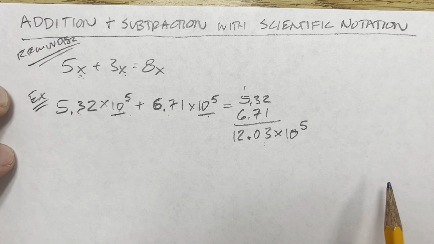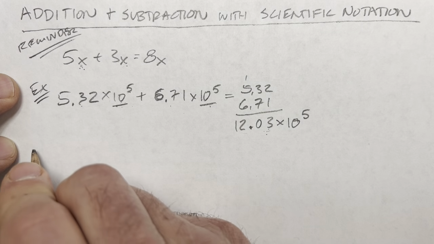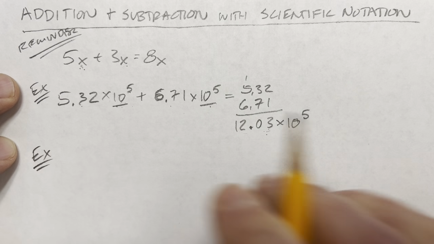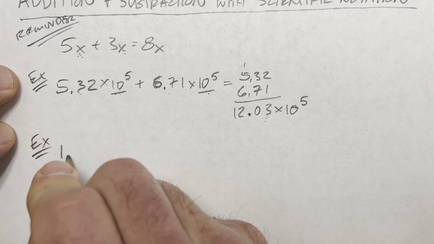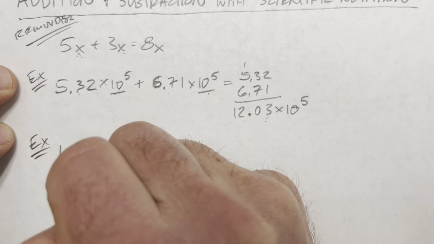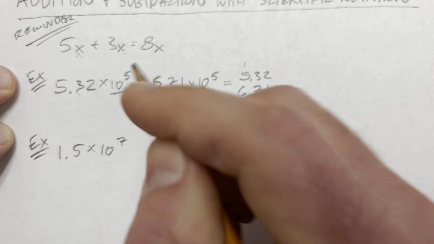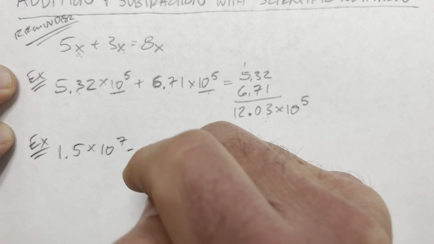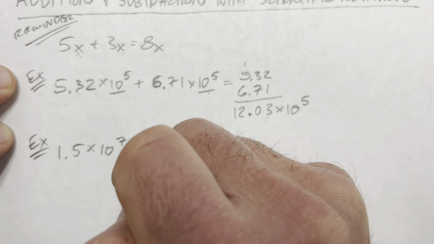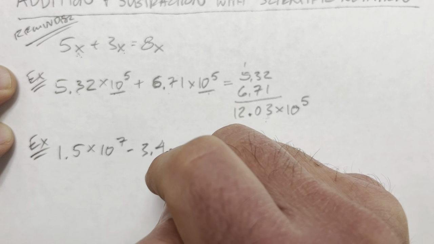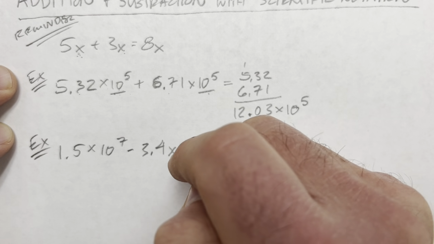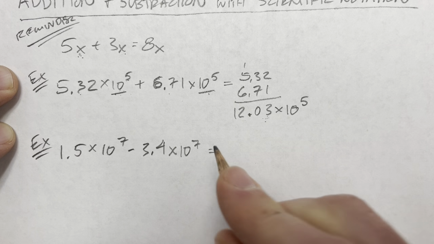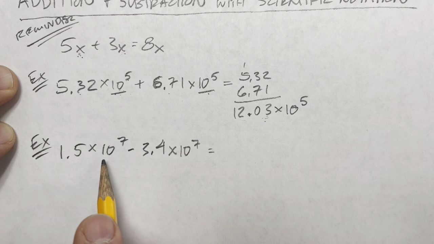Let's do another example. 1.5 times 10 to the 7th minus 3.4 times 10 to the 7th power. Notice I'm subtracting, but that doesn't matter.